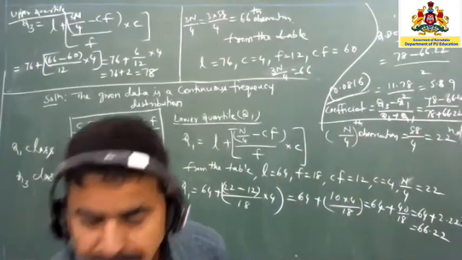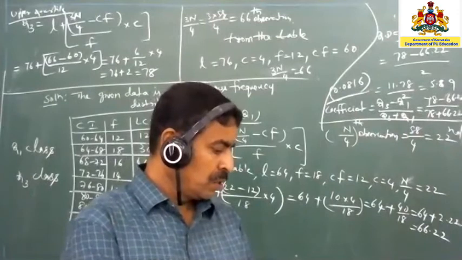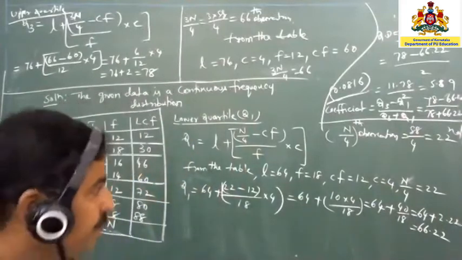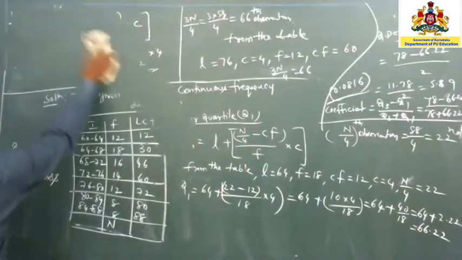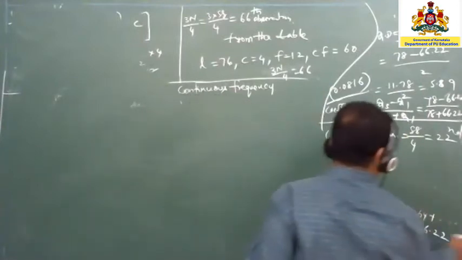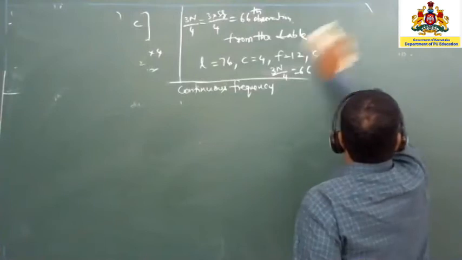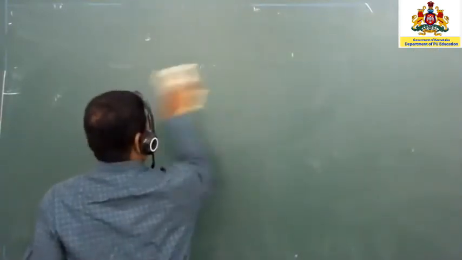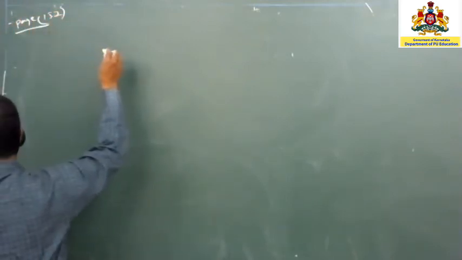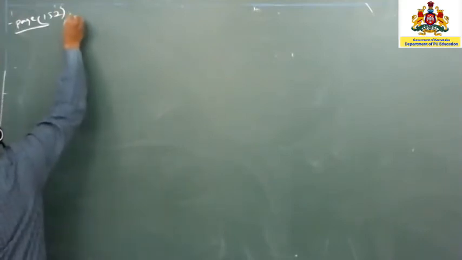Okay, I'll explain another sum, for a continuous frequency distribution. Page number 157, example 8.